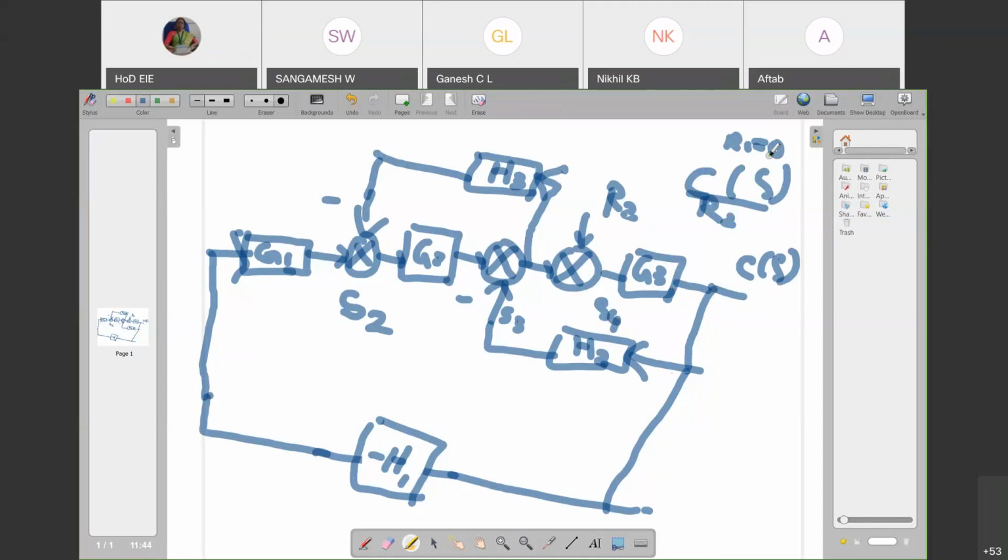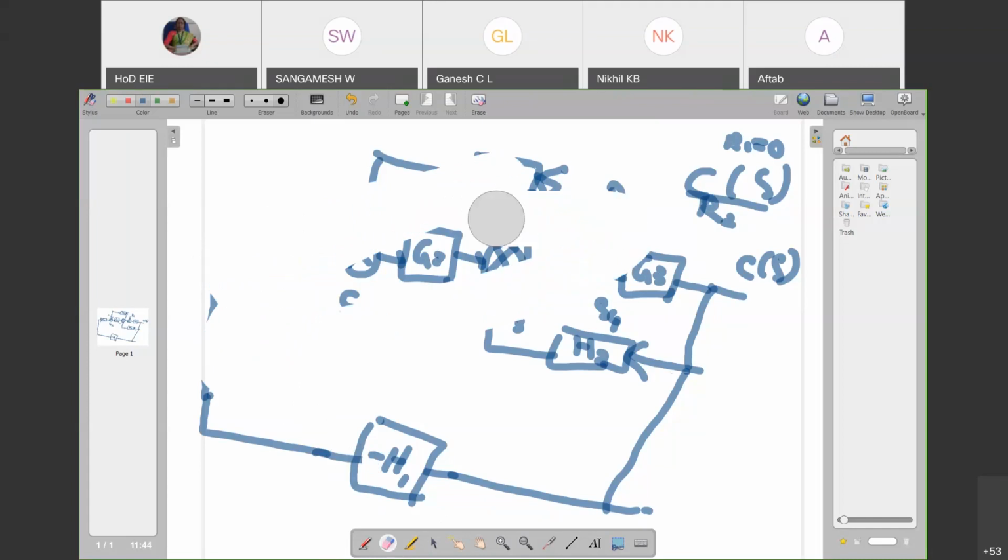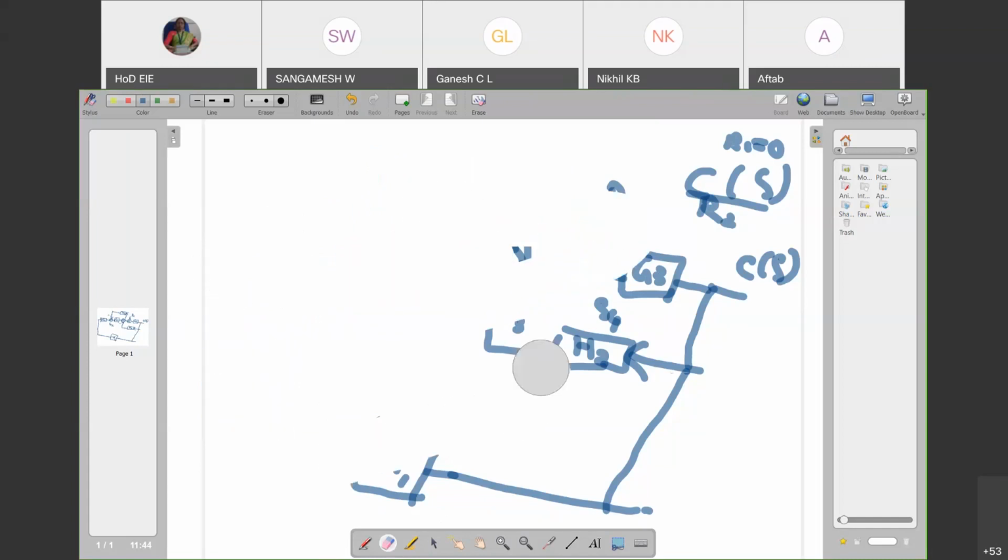Now I'm asking you to move the summing element S2 behind G2. Move the summing element S2 behind G2.